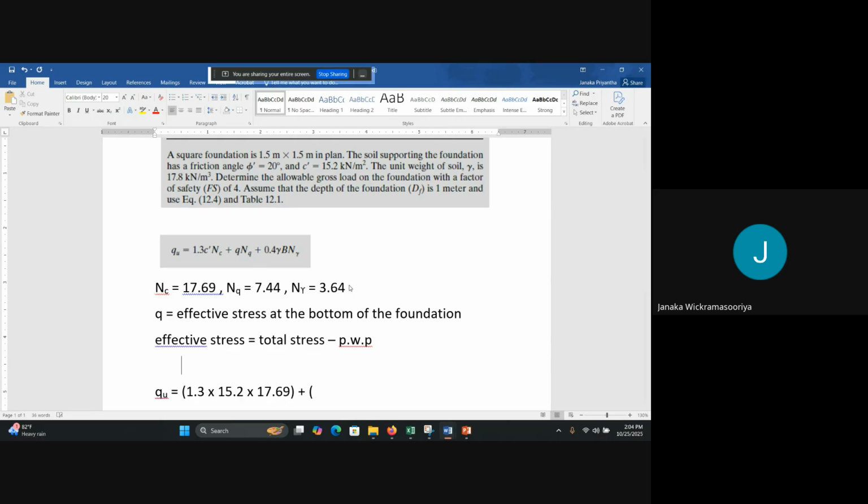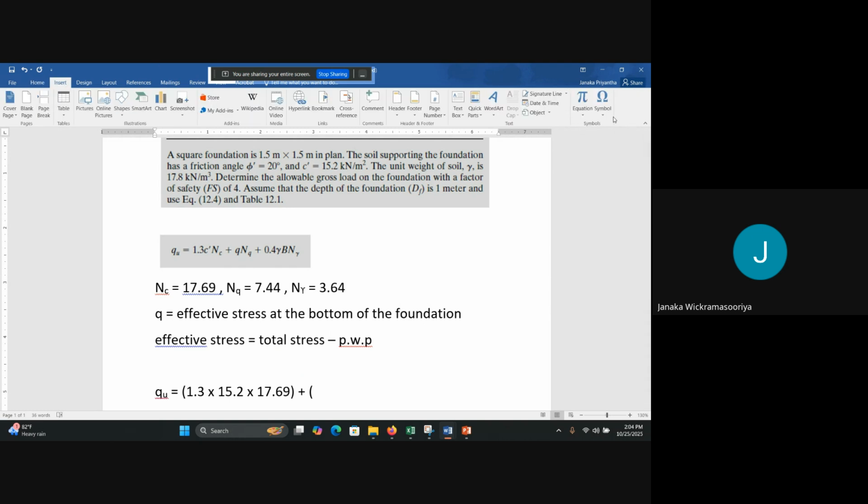How would you find the total stress? Total stress can be found by gamma H minus gamma water times H.